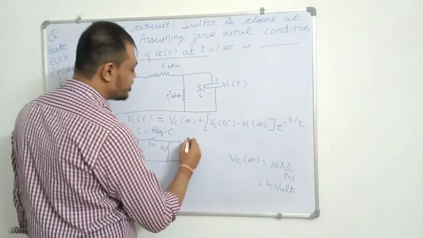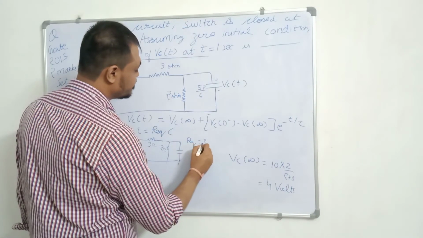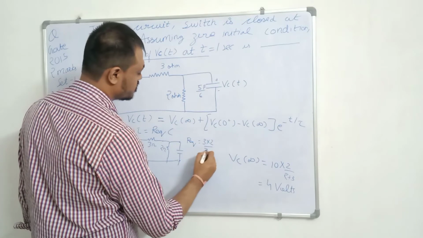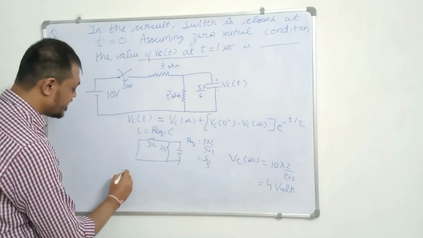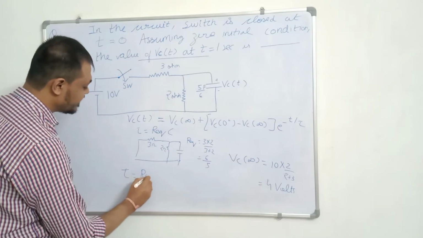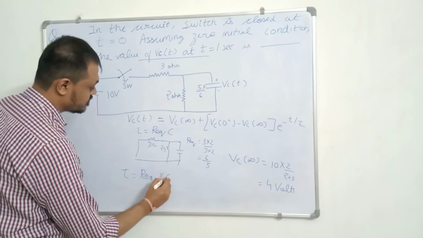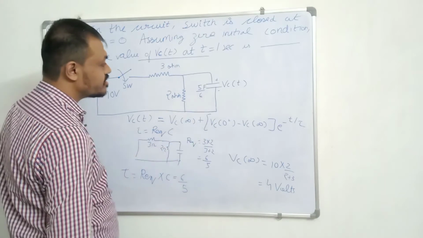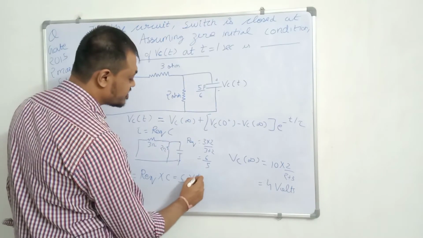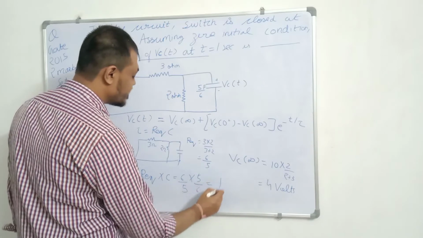So R equivalent will be equal to 3 into 2 upon 3 plus 2, which is 6 upon 5. So tau is R equivalent into C, 6 upon 5 times the given value of C, 5 upon 6. So tau is equal to 1.